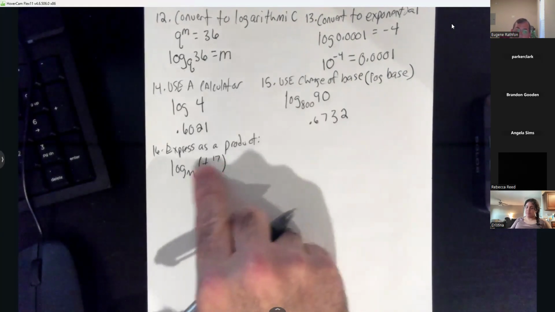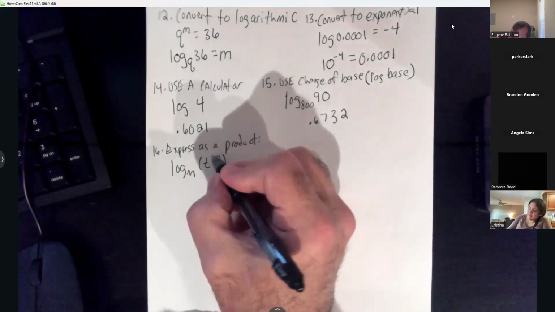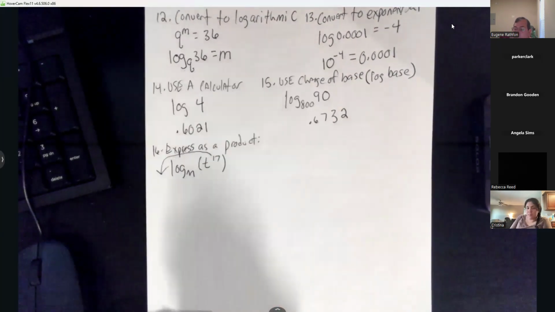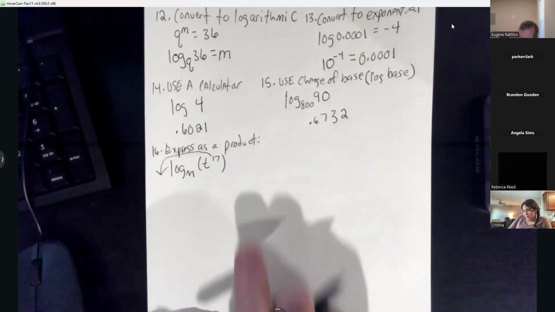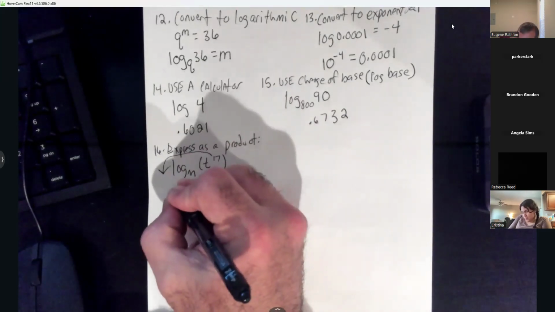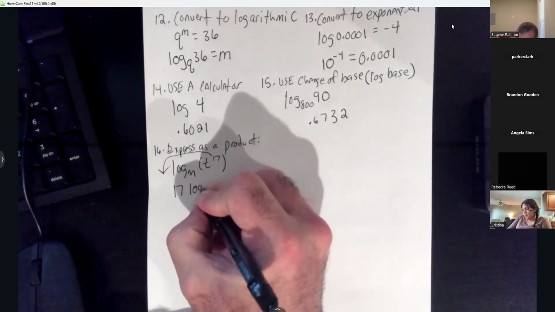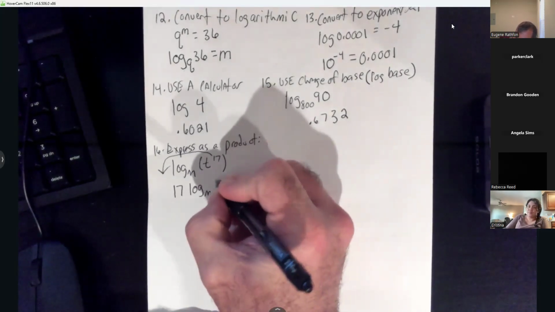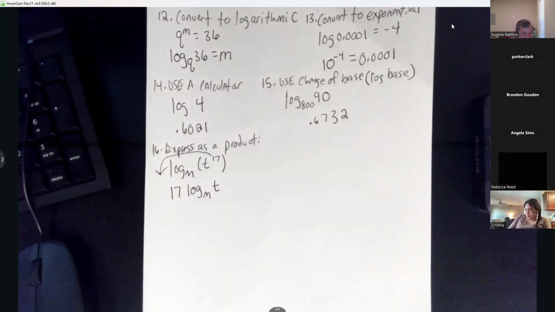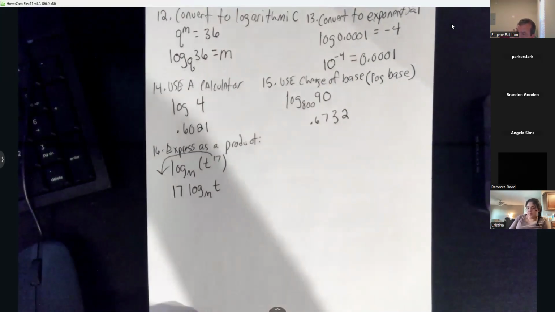And y'all, anytime they say express as a product, all you're doing is taking that exponent and bringing it down to the front. So whatever your exponent is, bring it down to the front, and you can rewrite this as 17 times log base m of your t. Okay, so that's all y'all are doing on that one, bringing the exponent down.